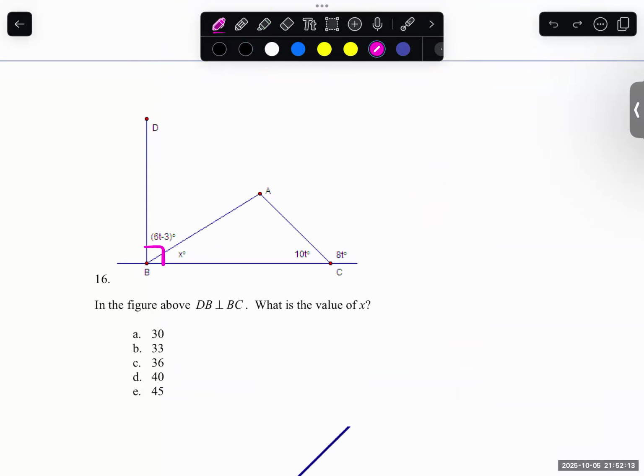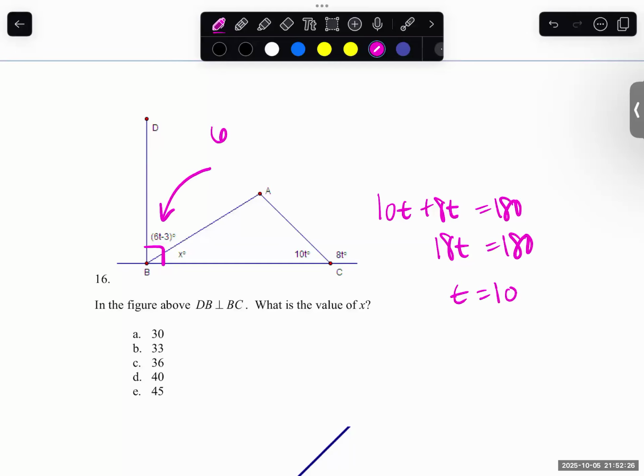Well, over here, I see I've got a full line. So I'm going to go ahead and solve for that first. So I get 18t is equal to 180. So t is going to be 10. Then I'm going to hop over here, and I see that 6t minus 3 plus x is going to equal 90 because it's a right angle. Well, then I can take the t that I got here and plug it in right there.